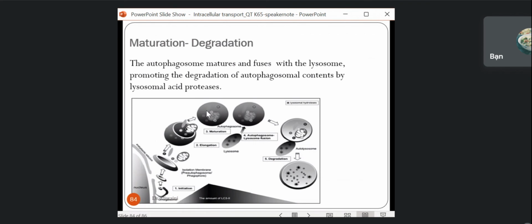And the last stage is maturation and degradation. The autophagosome matures and fuses with the lysosome to promote the degradation of autophagosomal contents by lysosomal acid protease.